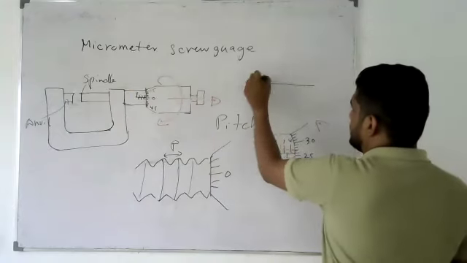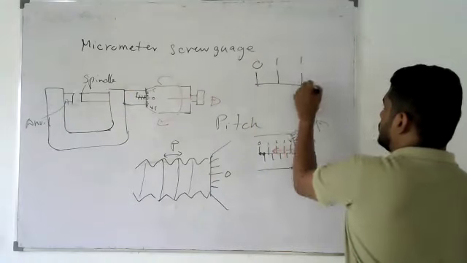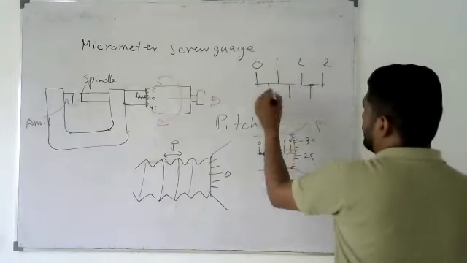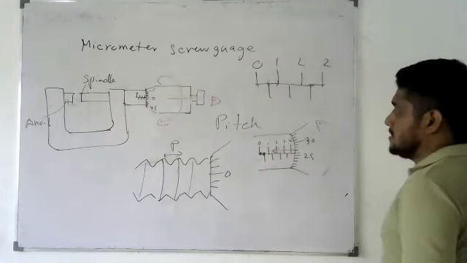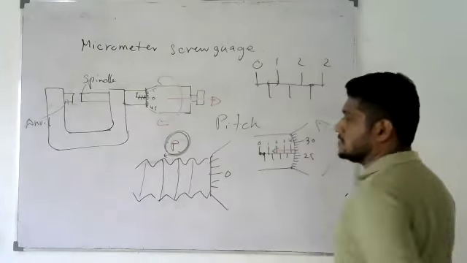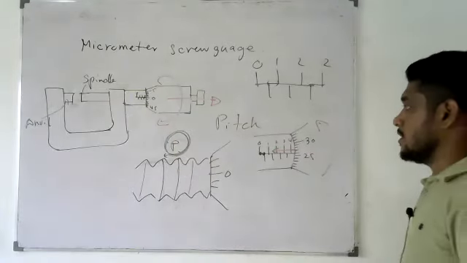ඒක තියෙන්නේ මෙහෙමනේ 0 1 2 3 කියලා තියෙනවා. ඒ අදින් දෙකට බෙදලා 0.5 millimeter. So the 0.5 millimeter is equal to this pitch, right?